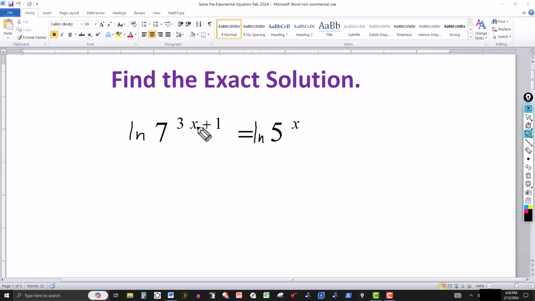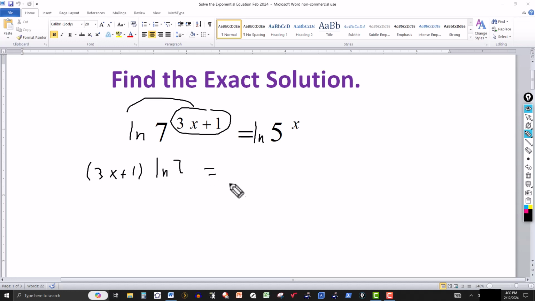We want to solve this. This is an exponent, so again, using the property for exponents, this becomes a coefficient over here. So I can write this as (3x + 1) ln of 7. Make sure you have this in parentheses here.